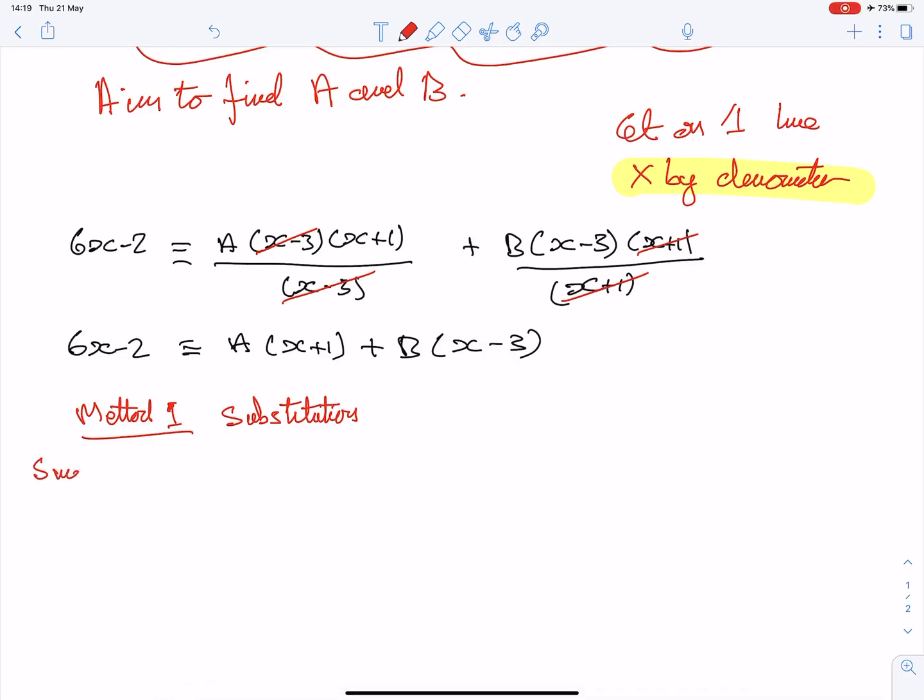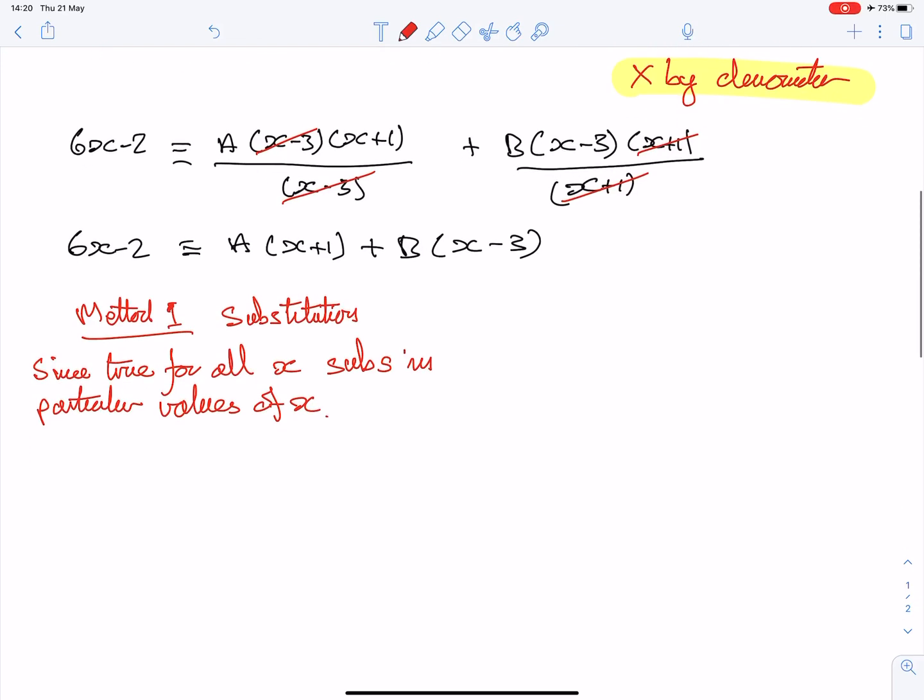So since it's true for all x, we substitute in particular values of x. So what would a good value of x be to choose?